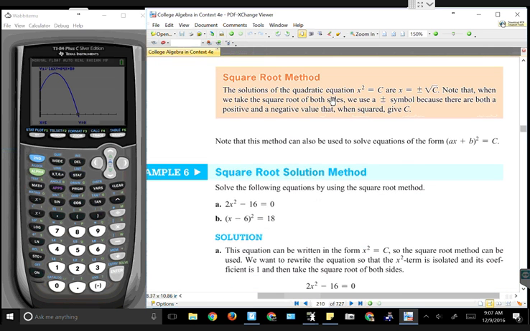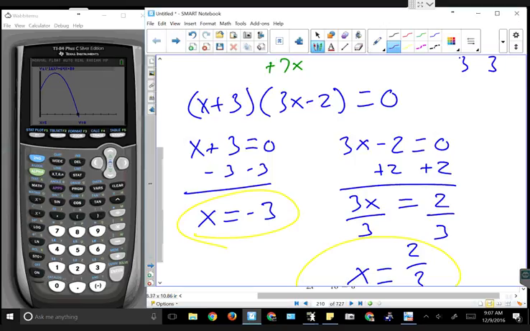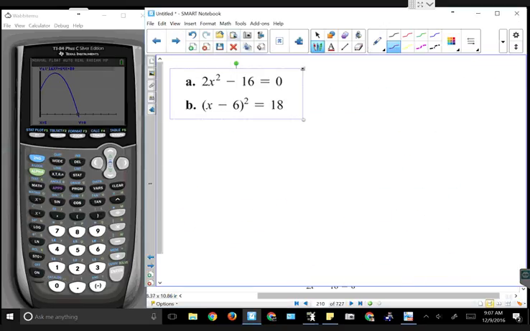One thing that I am going to go over here with you is this idea of the square root method. They want us to use the square root method to solve these. Simply put, what that looks like is this.